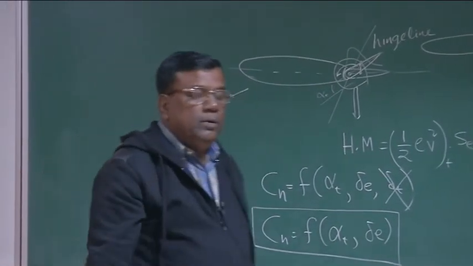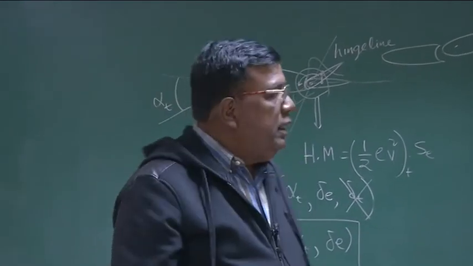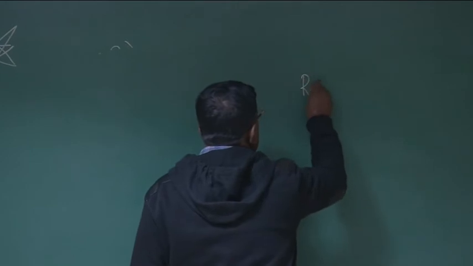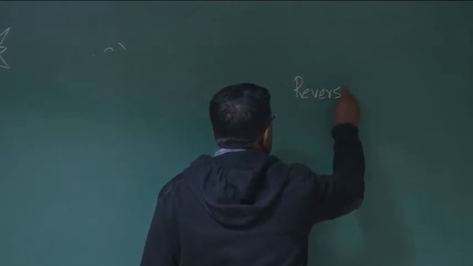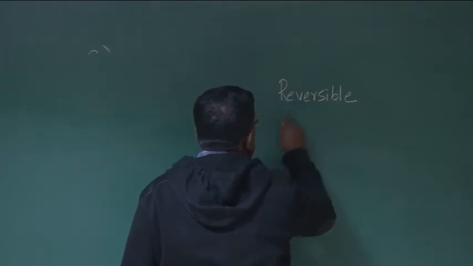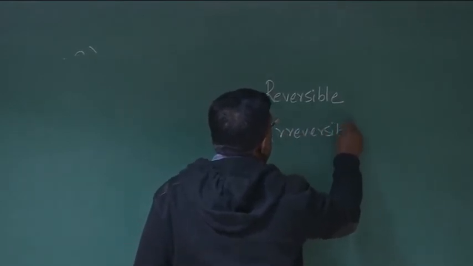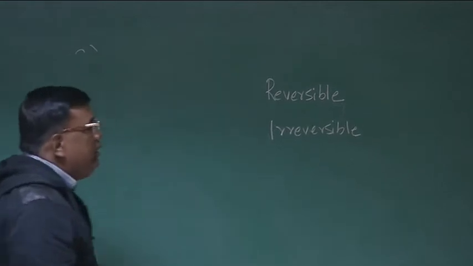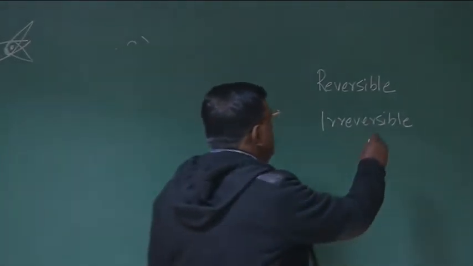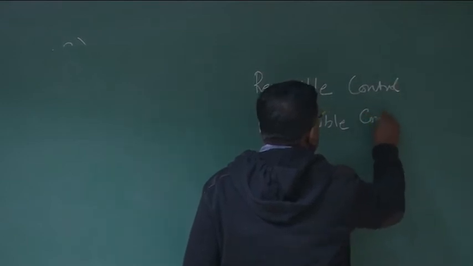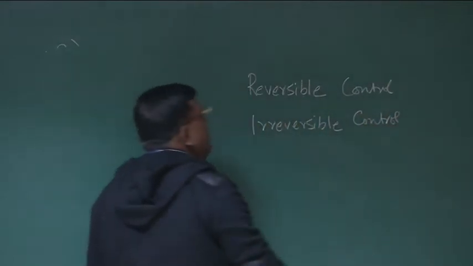Before I go deep into it, let us understand there are two types of control you will find. One is reversible, and there is irreversible. What is the meaning of reversible control? I write control here so that you remember.